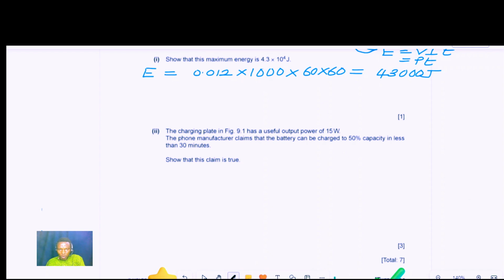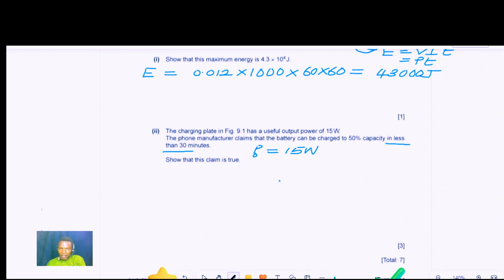What we want to show here is that the time taken to charge the battery to 50% capacity is less than 30 minutes. So we want to prove that the charging time is less than this. First of all, we know the output power, the power in the phone.